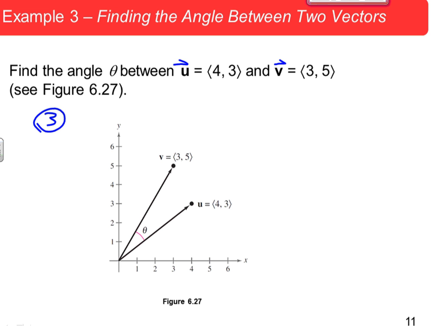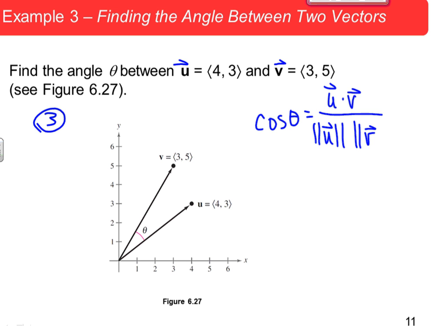The other one goes 4 to the right and 3 up. So that angle that we want to find is just in between those two. So the cosine of theta is u dot v over the magnitude of u times the magnitude of v.